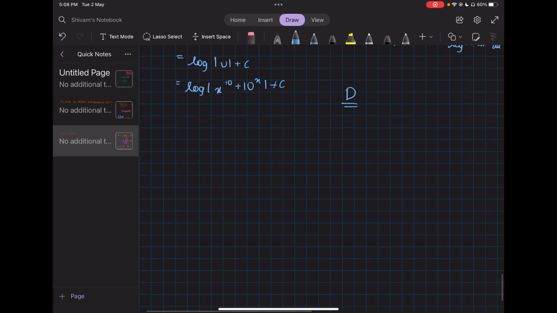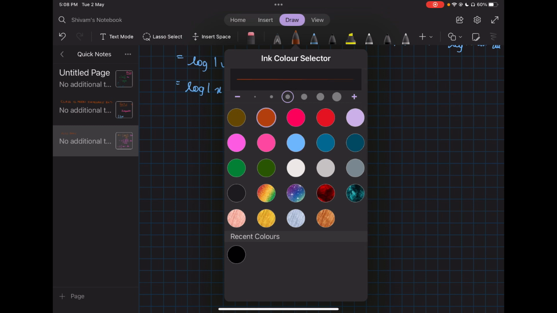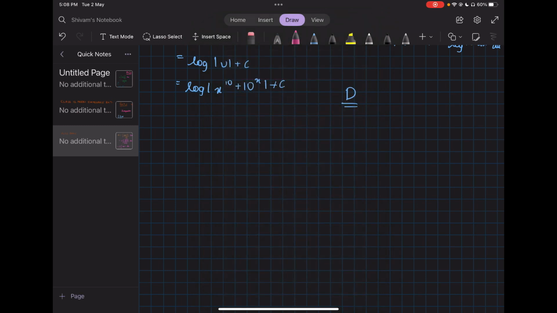All right. For question number 39, the last and final question of this exercise. It is dx over sine squared x cosine squared x. So this is actually a way to write 1 over sine squared x cosine squared x dx.